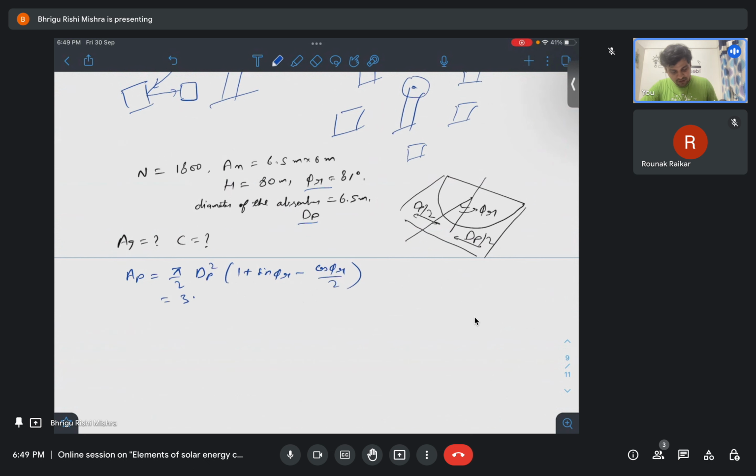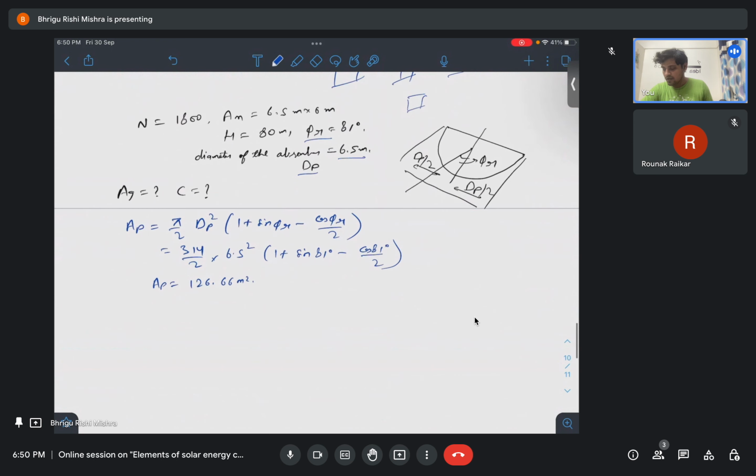This formula is given in the Sukhatme Naik book. If you put all the values, 3.14 by 2 into 6.5 meter square, into (1 plus sine 81 degree minus cos 81) by 2, you will get AP equals 126.66 meter square.